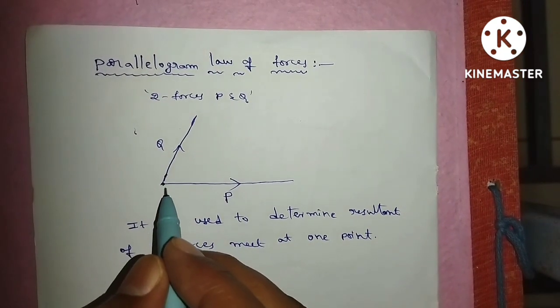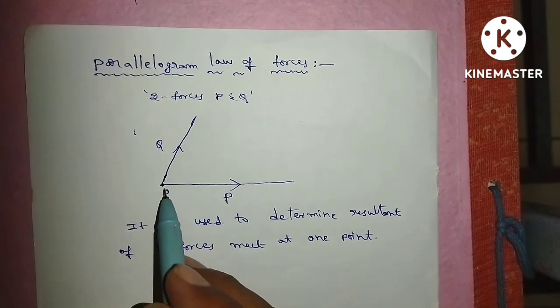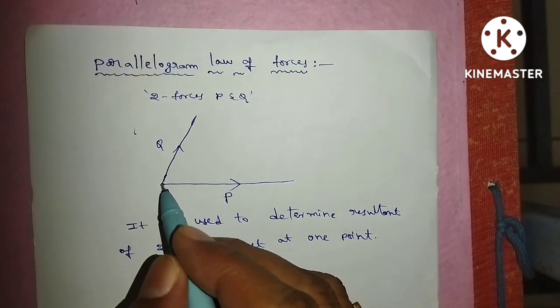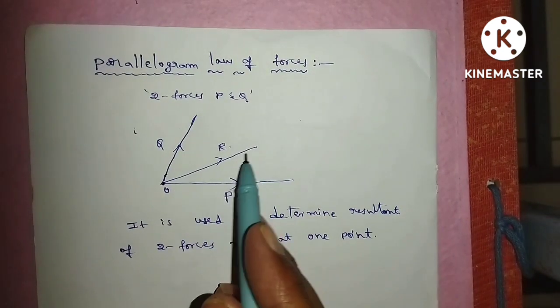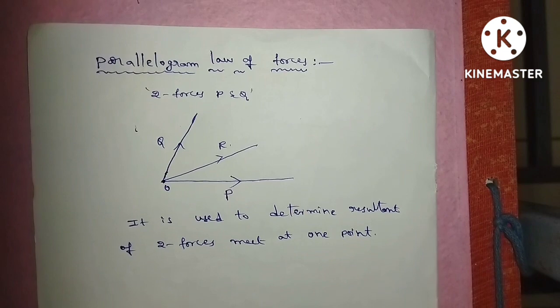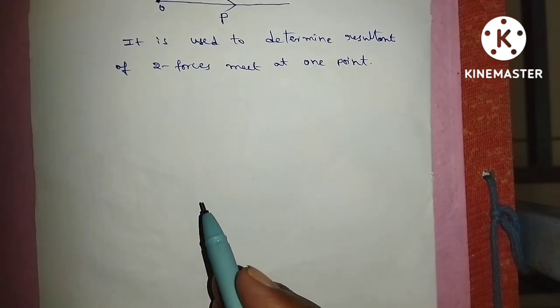Now OP and OQ are the two forces meeting at point O. R is the resultant of these two forces, that is the diagonal of the parallelogram.